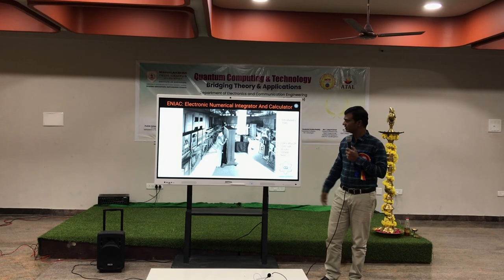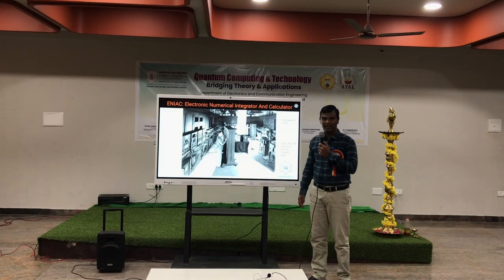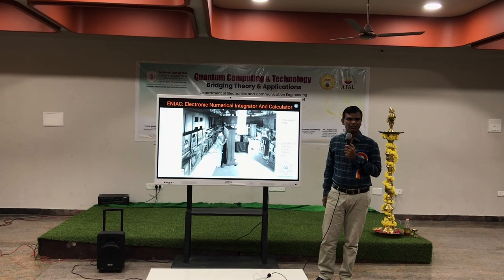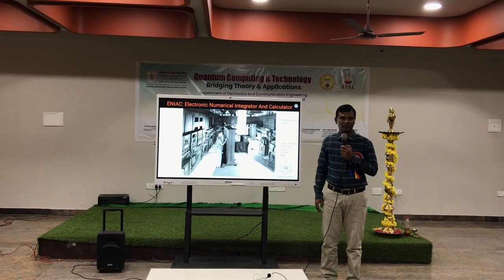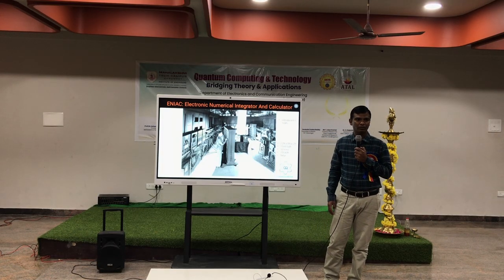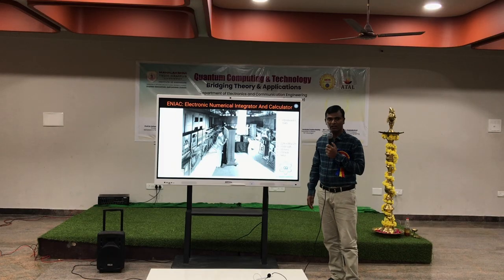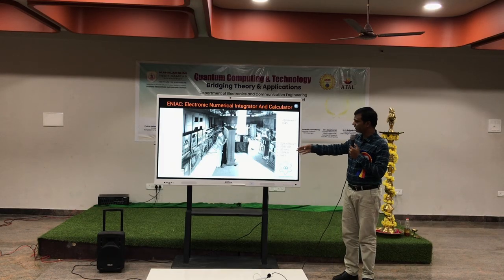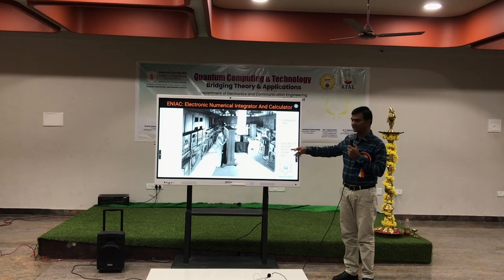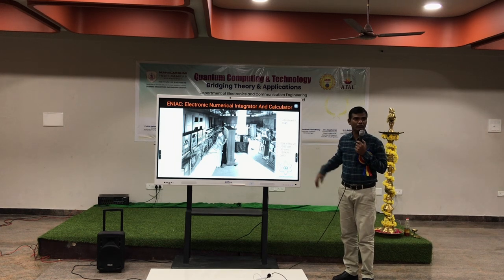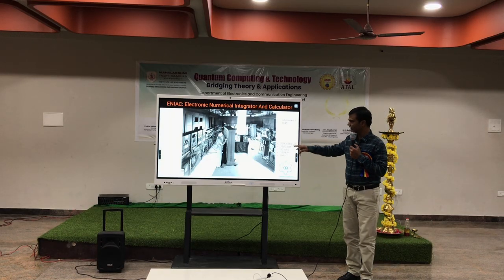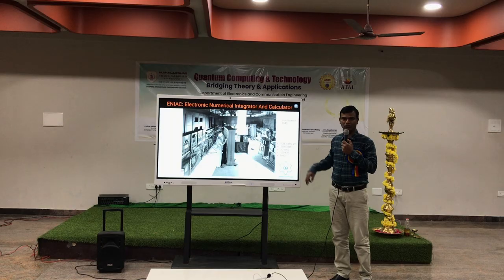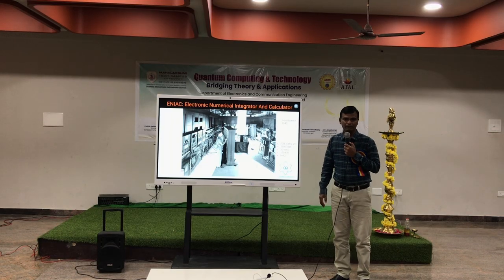At that time, we called it ENIAC. These were mainly used for basic calculations, like multiplications, whatever we learn in elementary school, those type of calculators. If you see the size, the weight is 30 tons, power consumption is 150 kilowatts, it works on 5 kilohertz, and this is the space required to accommodate that machine.